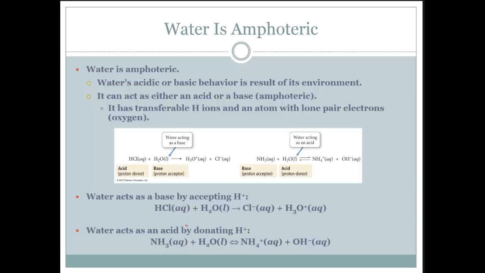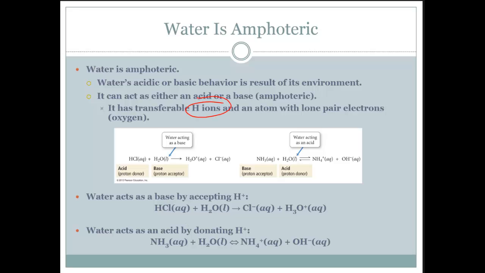Let's take a minute to talk about water specifically. Water is amphoteric. Water's acidic and basic behavior is a result of its environment. It can act as either an acid or a base, meaning amphoteric. That's what that word means. So it has a transferable H ion in the molecule.